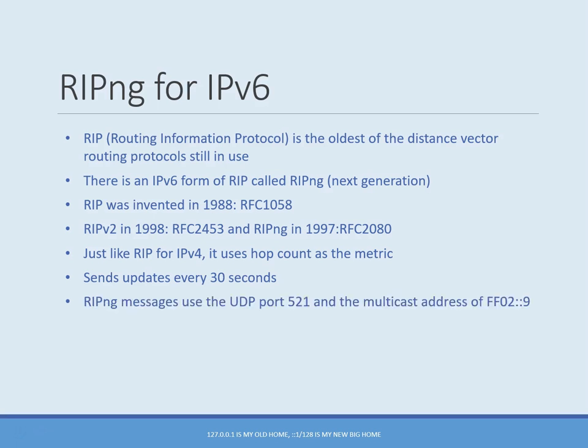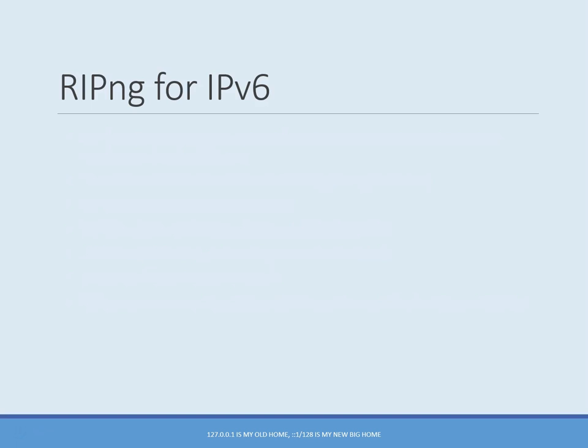And also RIPng messages use UDP, in port 521, and the multicast address in IPv6 is FF02::9. Okay.